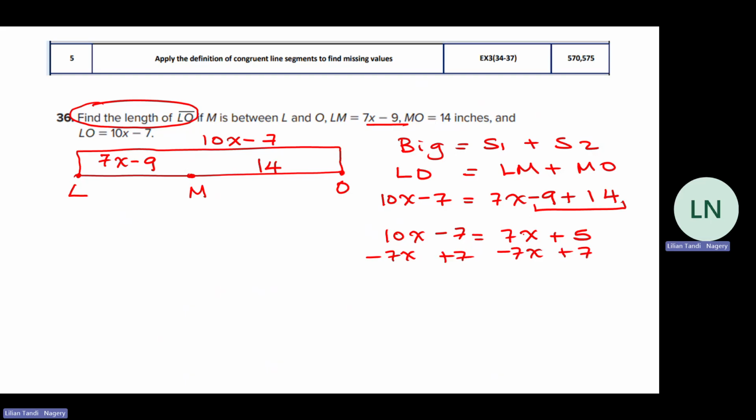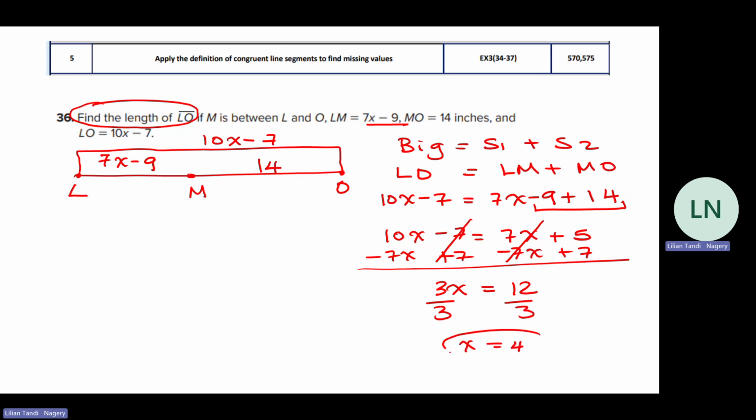This is positive 7x, it will move as a negative. This is negative 7, it will move as a positive. 10x minus 7x is 3x. This is 0, this is 0. 5 plus 7 is 12. Divide both sides by 3. X is 4. I circle it.